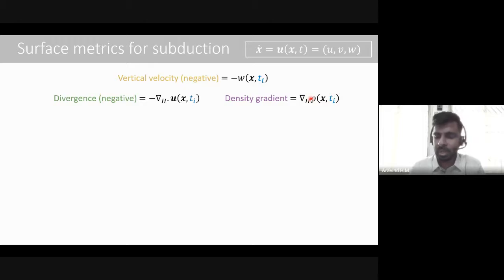But the problem is that we are using these instantaneous Eulerian metrics to try and locate subduction, which is intrinsically a Lagrangian phenomenon that occurs over a period of time. So as a result, I also proposed the use of two other Lagrangian metrics that are related to the deformation of infinitesimal fluid patches in the ocean.